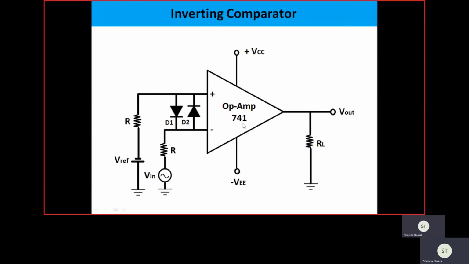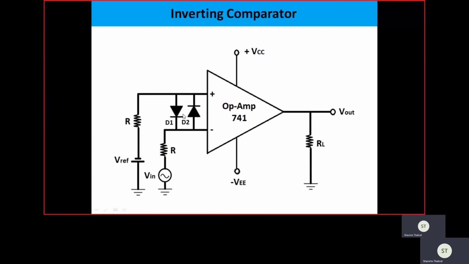It is very important to discuss here that we have connected two diodes in the input circuitry. These are called protective diodes, so that the input differential voltage cannot go beyond plus minus 0.7 volt, because otherwise our operational amplifier circuitry may be damaged by the high voltage, as we are operating the operational amplifier in the open loop configuration.